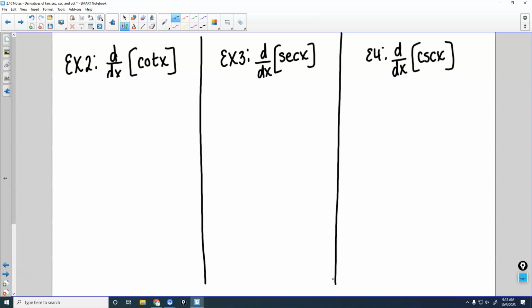So, it's basically the same as what we just did, except you're starting with something different, right? Change it so that it's sines and cosines, and then do the derivative there. Yes, you guys, the 6 right here are secant.